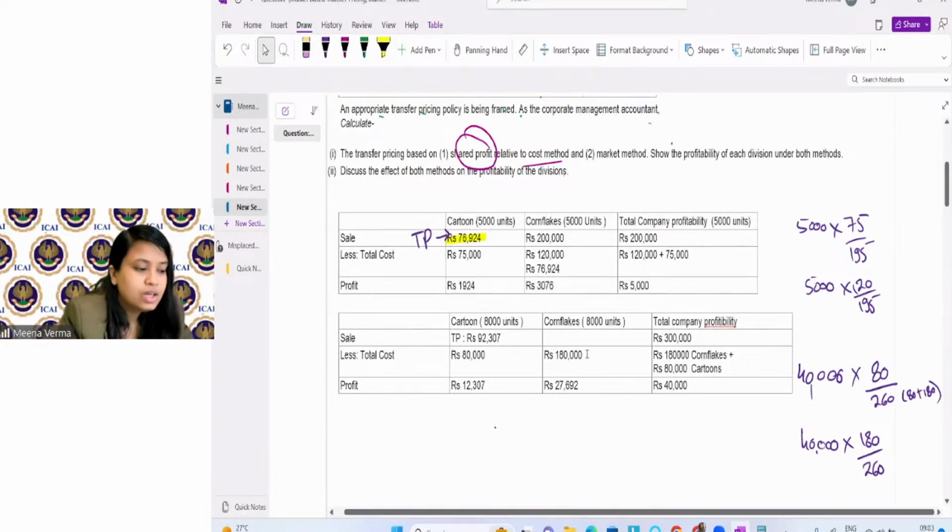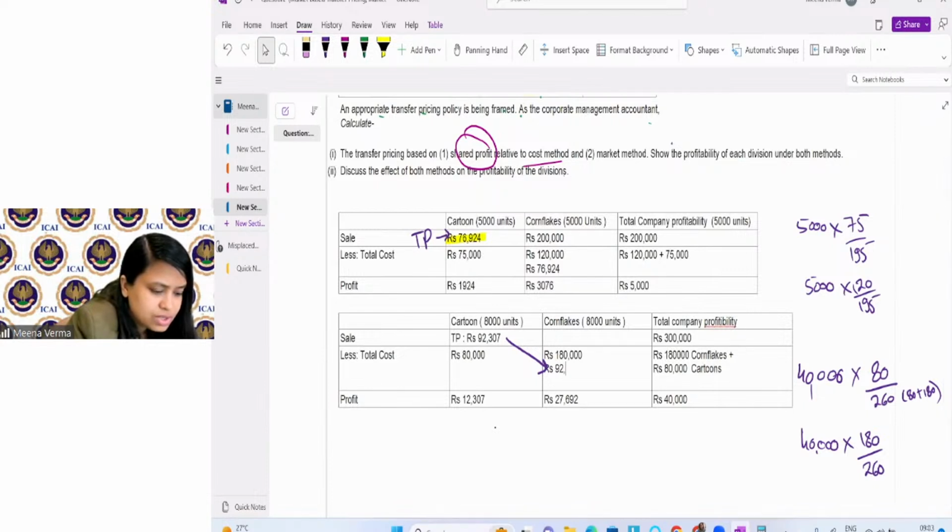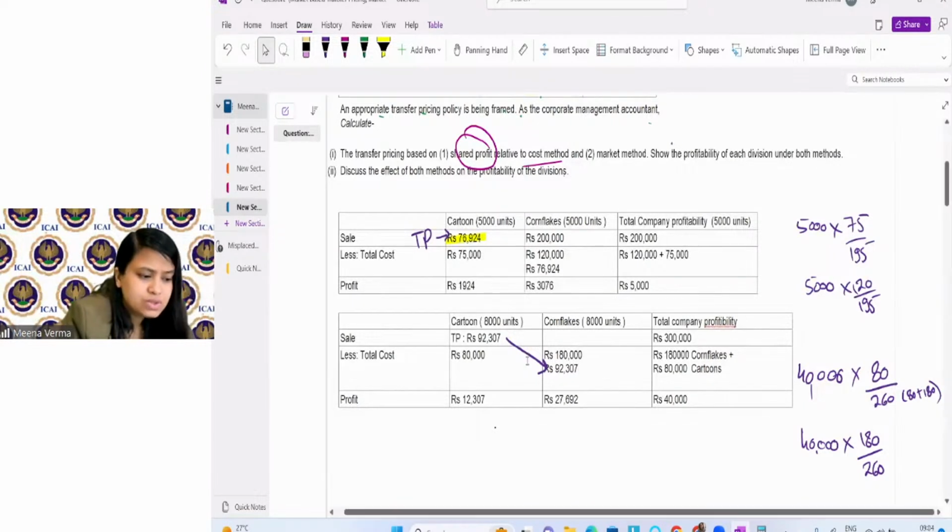This transfer price will become a part of the cost as we have discussed, because the unit will be transferred from here to here. So the transfer price cost will be coming here as rupees 92,307.